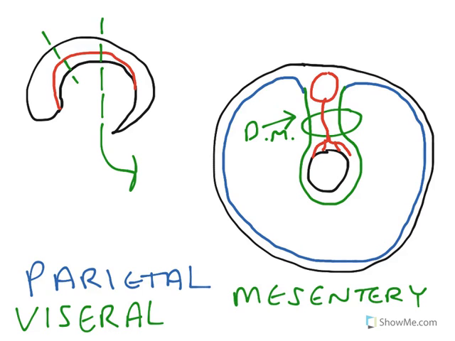So let's try to draw that on. So as I said, we have a ventral mesentery in the more rostral portion of the embryo, and this is what that looks like here.